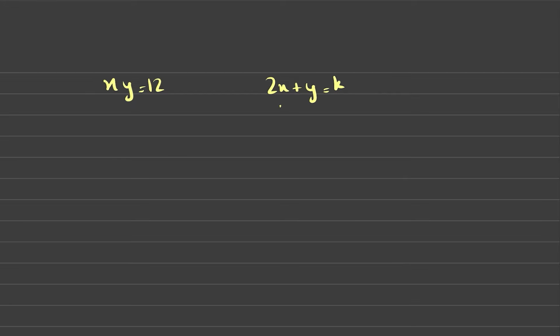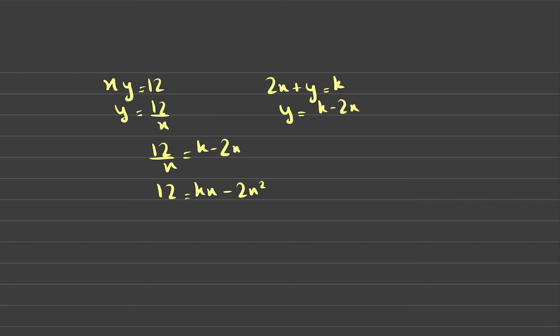In such cases, always make y the subject first, then equate both of them. Then it says it does not intersect, which means b squared minus 4ac has no solution. No solution is when it's less than 0.